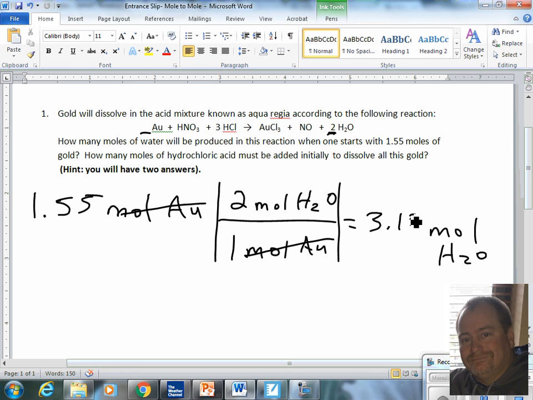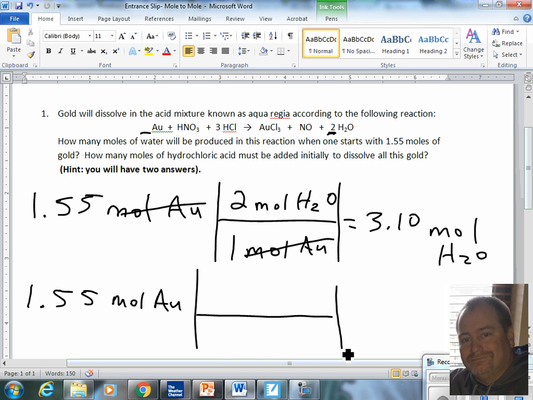Now for the second one, I am trying to find moles of hydrochloric acid. So I'm going to start with the same thing, 1.55 mole of gold. Once again, I'm going to need to go to my balanced chemical equation. Well, I know that my 1 mole of gold hasn't changed. It's still 1 mole up here.